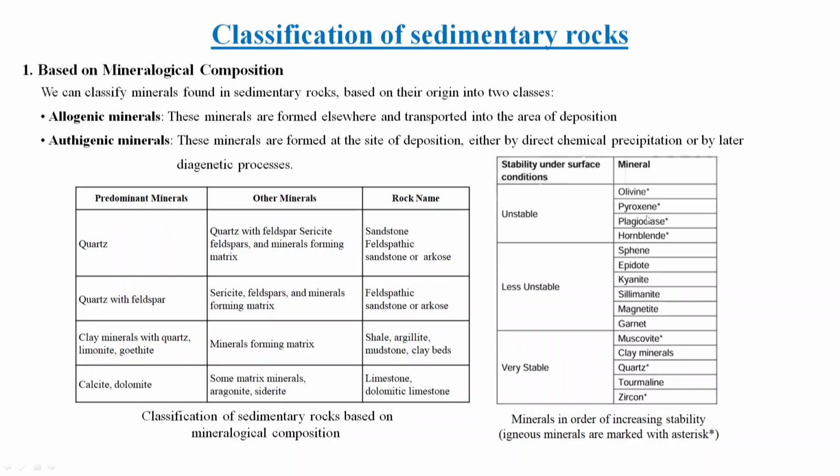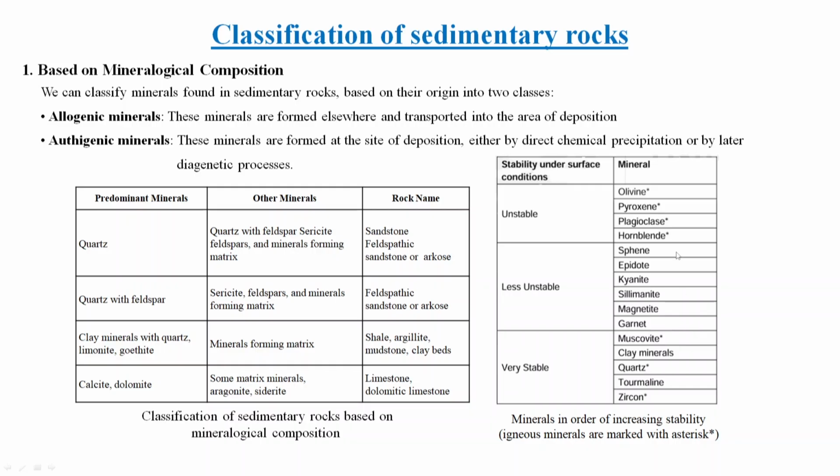Based on that, you can say that the unstable ones, olivine and pyroxene, which were the first to crystallize in the order of crystallization of igneous rock, are really unstable in the mineral stability series in the case of sedimentary rock.